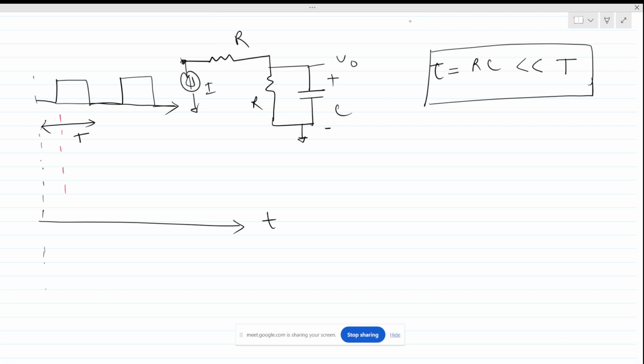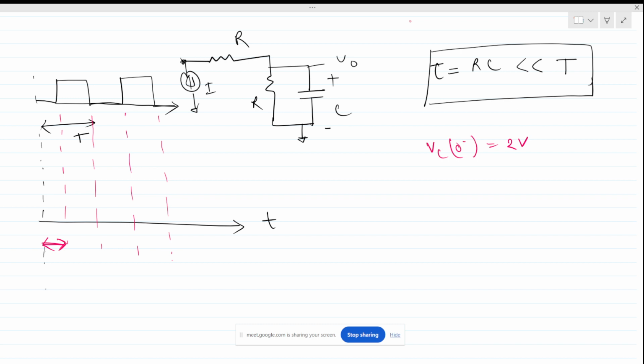Now for this time duration, let's say the capacitor is initially charged to 2 volt.